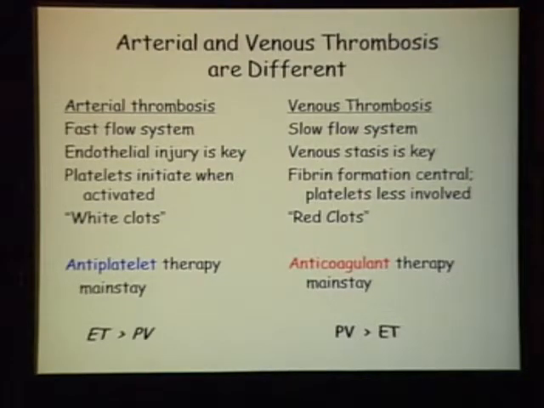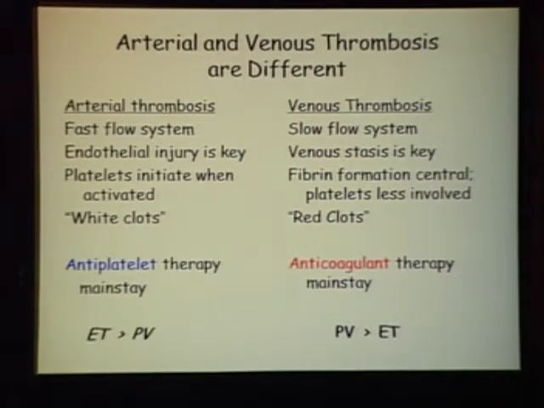And the clots are called white clots because they're platelet initiated. They actually tend to be small vessel, but not necessarily, and they are pale in color. For arterial thrombosis, antiplatelet therapy is the mainstay. And we see arterial thrombosis a little more in ET than in polycythemia.